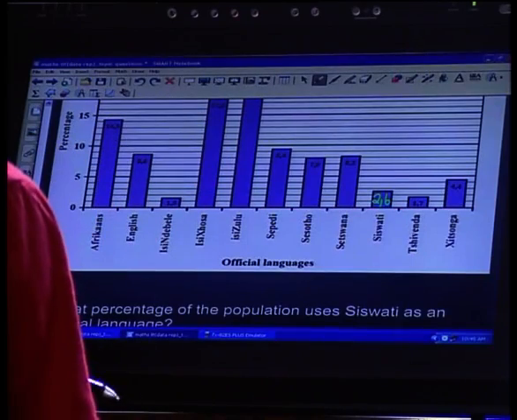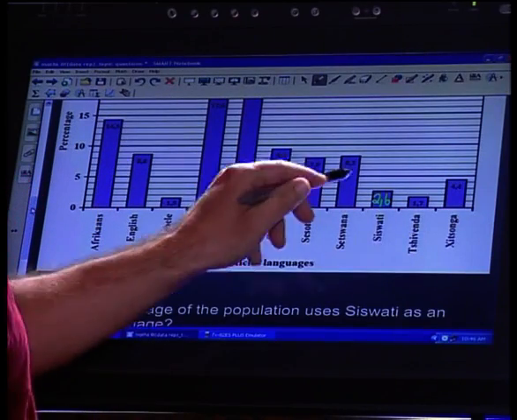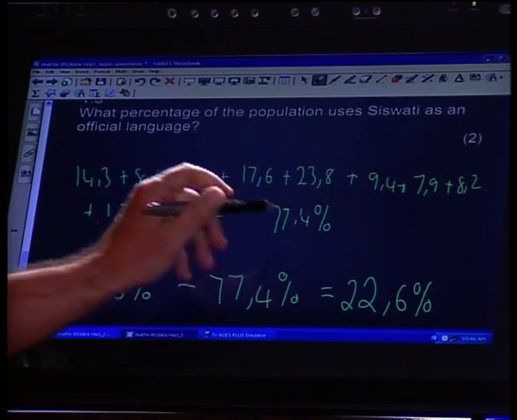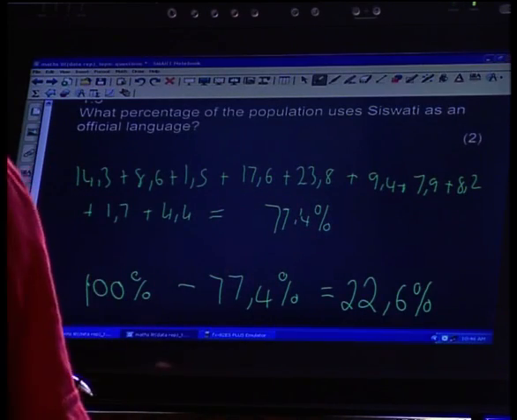This bar is way too small to represent an answer of 22.6%. And so in the examination, you can actually use the information on your charts to check whether your answer is actually realistic or not. We can see that from the bar size, a 22.6% answer would have been unrealistic for that size bar. So I always tell my students, if you get an answer that looks unrealistic or extreme, redo the sum.